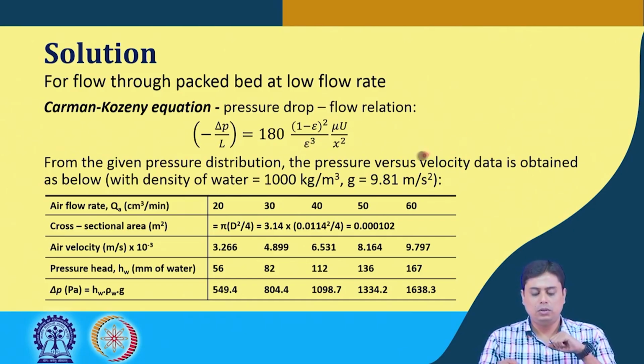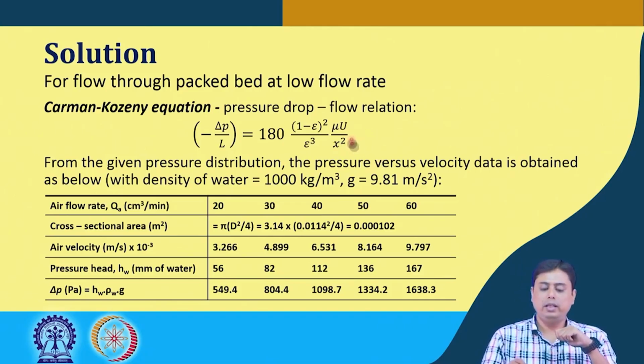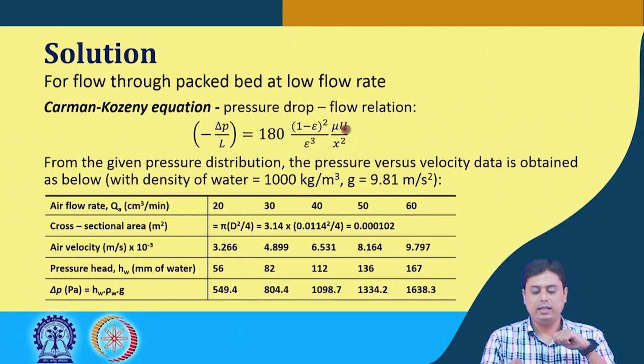And this u is the superficial velocity of the fluid. Here the fluid is air, and x is the diameter of the particle. So the unknown here is the x, which has been asked, and other values are given somehow in the problem statement.